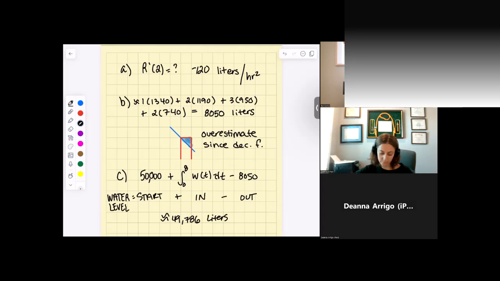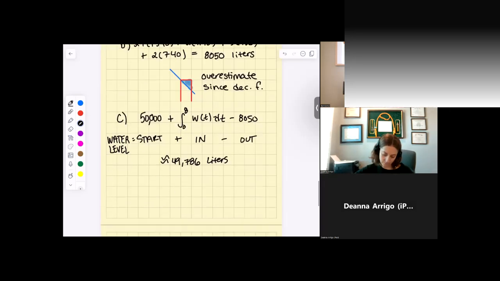Okay, then this is the doozy. For 0 to 8, is there a time t when the rate at which water is pumped into the tank is the same as the rate at which water is removed from the tank? Explain why or why not. Do you set the two equal to each other? Yeah.